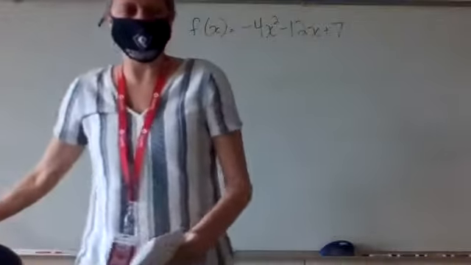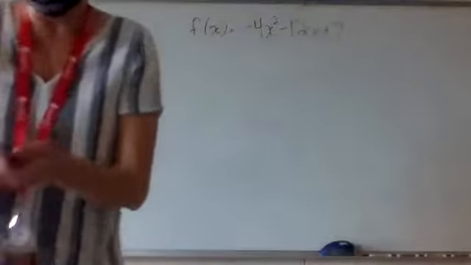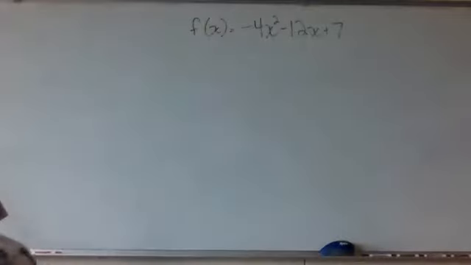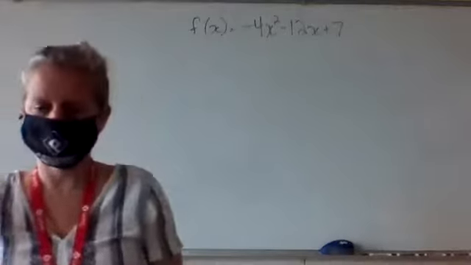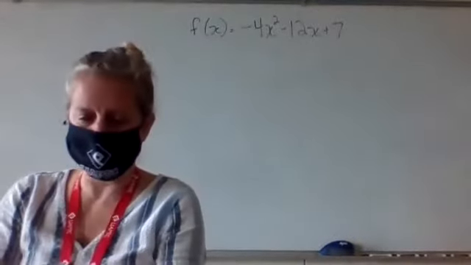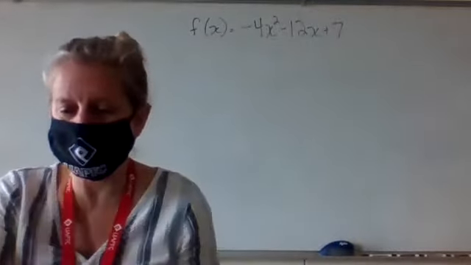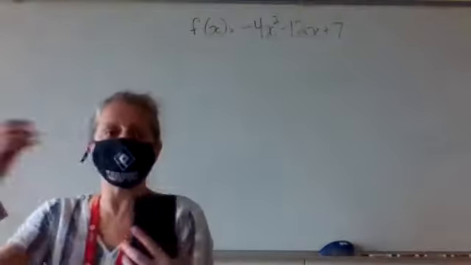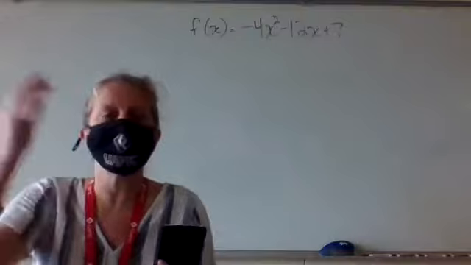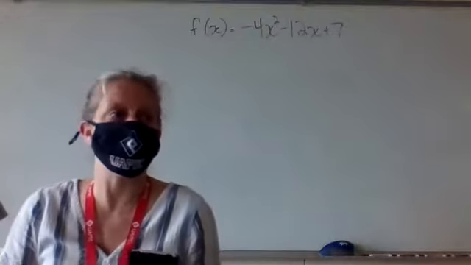Okay, so here's our function. The first thing I'm going to do is put this function in my y equals. If you get your calculator out and put it in your y equals, because the first thing it's always going to ask you is to find the vertex, because you use the vertex, it helps you answer really the rest of the questions.